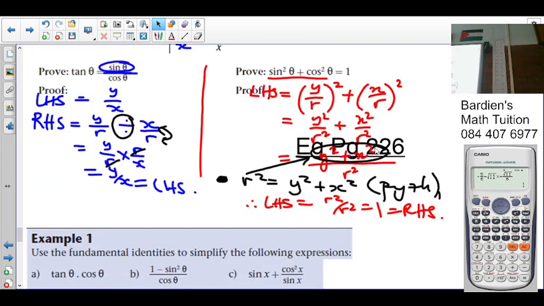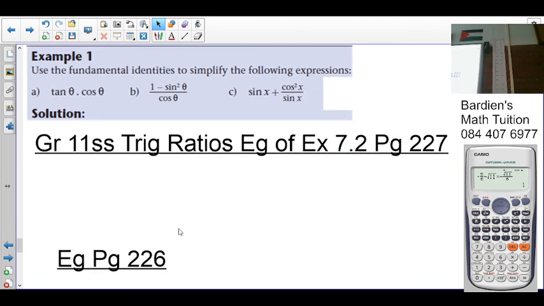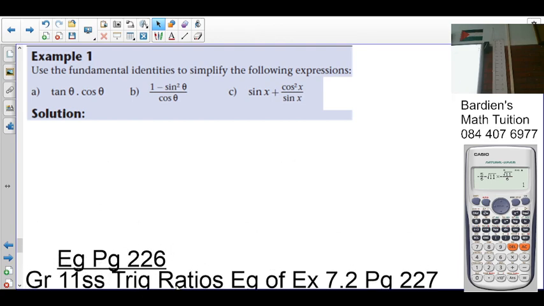Now using these fundamental identities, question 1 says, use the fundamental identities to simplify the following expressions.